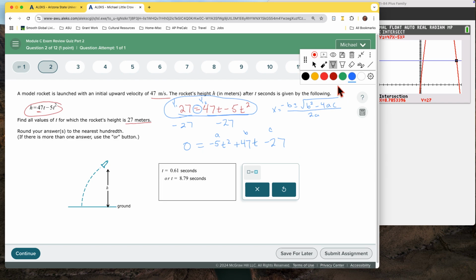So plugging into this, we would get x equals minus b, so that's minus 47, plus or minus the square root of 47 squared minus 4 times negative 5 times c, which is negative 27, all divided by 2 times negative 5.